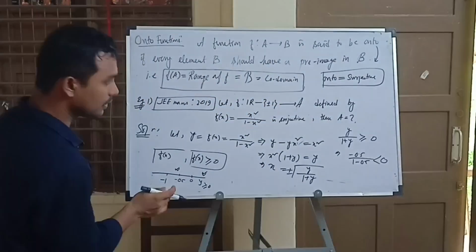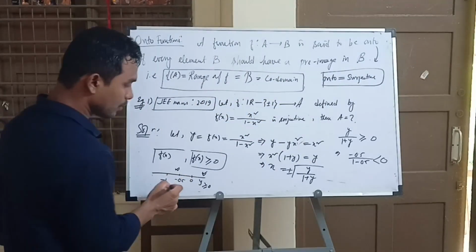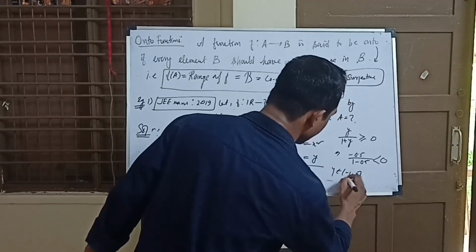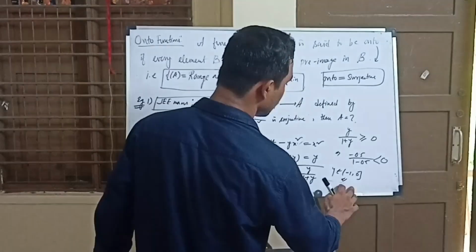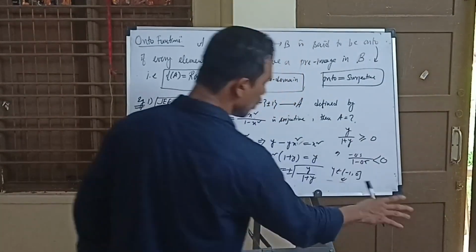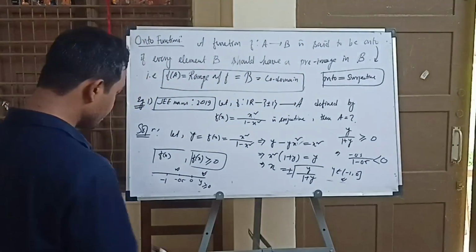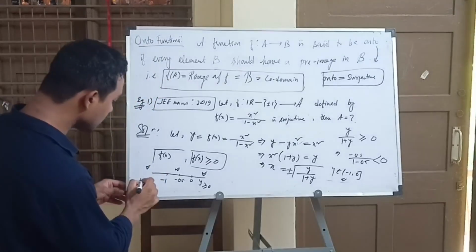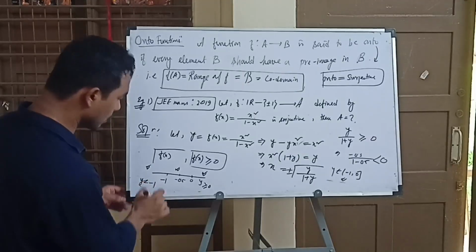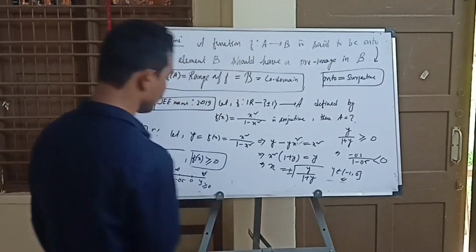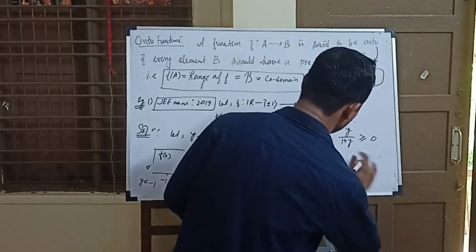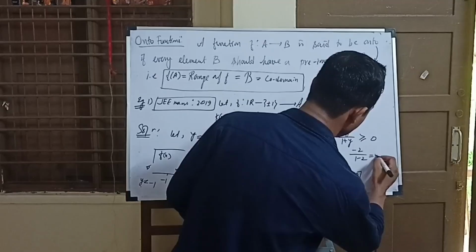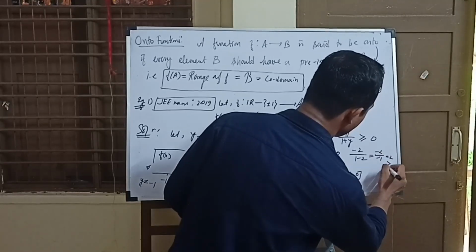For this interval, y belongs to minus 1 to 0, this inequality does not hold. Now, for y less than -1, this inequality holds. Suppose we put -2 here, then this is -2 over 1 minus 2, this is 2, this is positive, right?